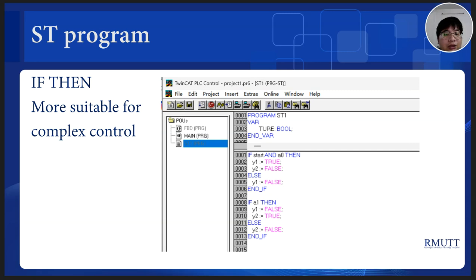It's more suitable for complex logic, advanced calculation, and larger industrial programs. In this project, ST can also achieve the simple piston control function clearly and efficiently.